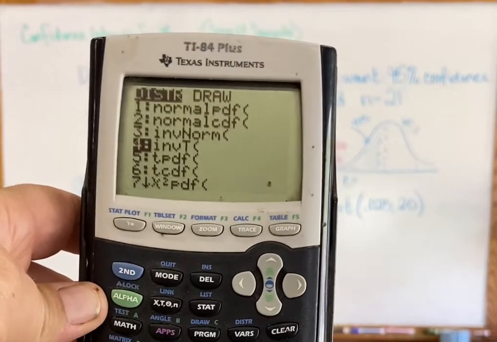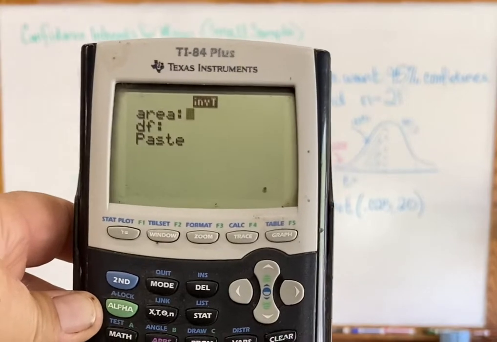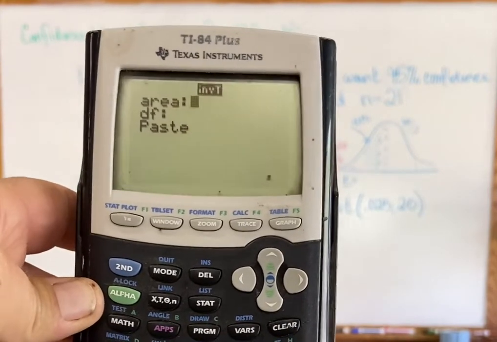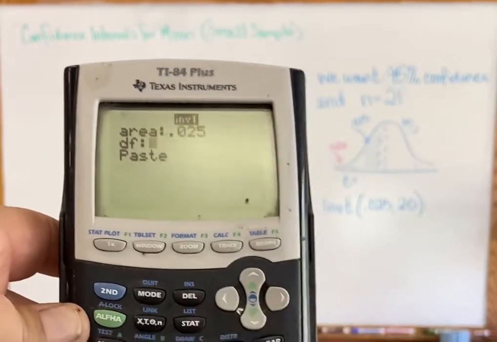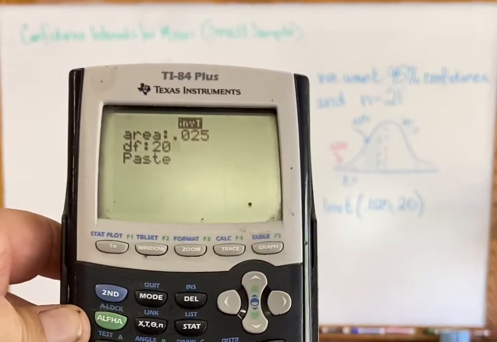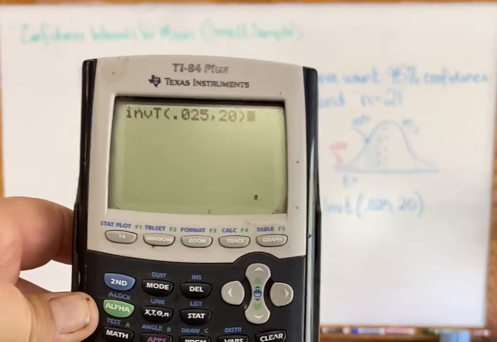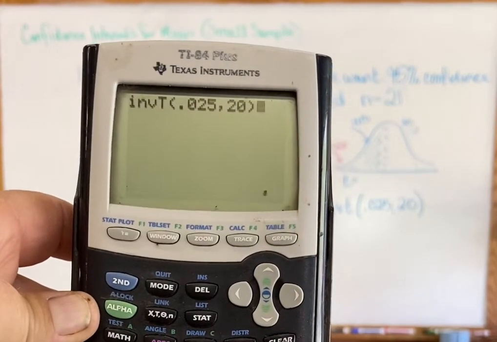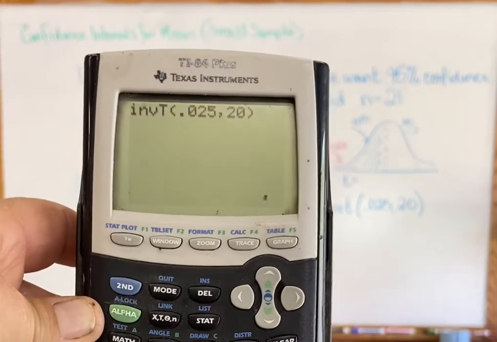So we click inverse t. With this calculator, it asks us for the area and the degrees of freedom. So I put 0.025, arrow, degrees of freedom is 20, arrow, paste. See how it pasted in there for us? Inverse t, 0.025, comma 20, and then hit enter.